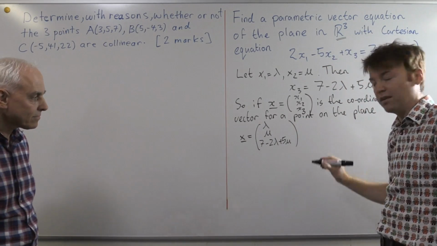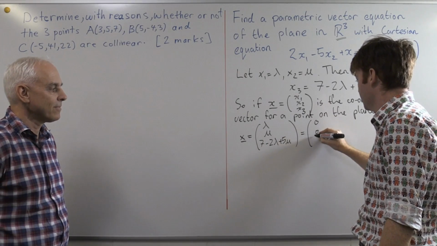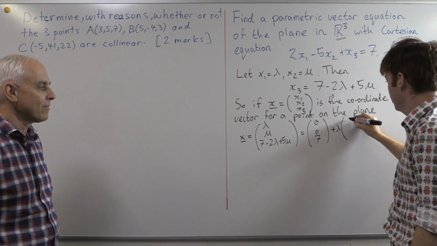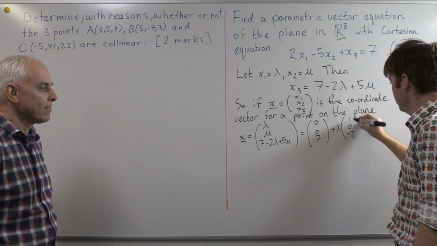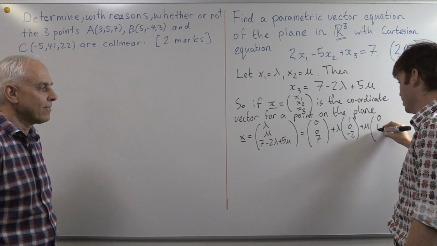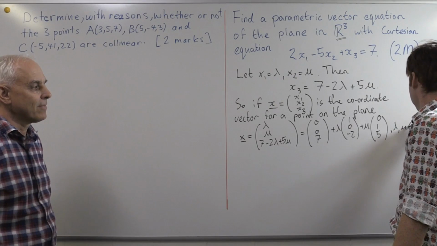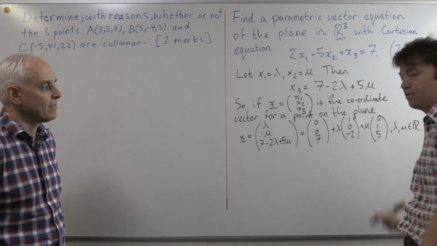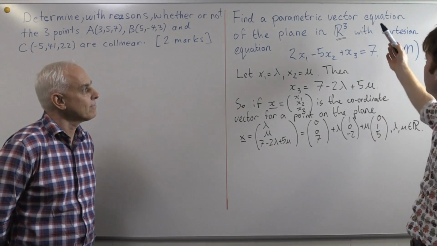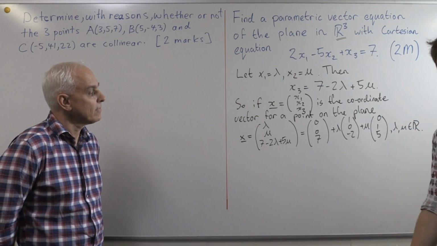And now I'll just write this out as a sum of three vectors. I'll write this out as 0, 0, 7 plus lambda times 1, 0, negative 2 plus mu times 0, 1, 5, where lambda and mu are just the parameters, any real numbers you like. And now we've converted our Cartesian form of an equation into parametric vector form.